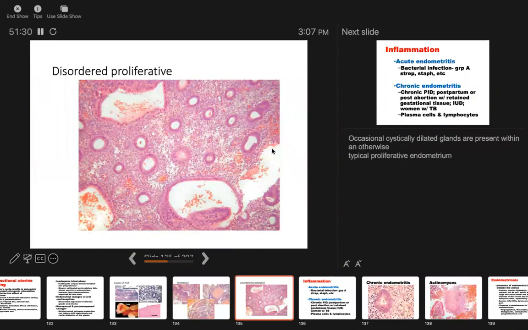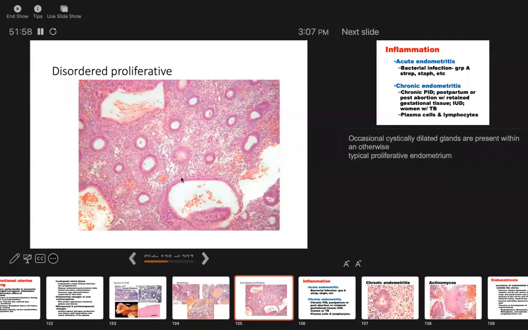Another one is the so-called disordered proliferative endometrium. I have already explained a while ago that proliferative endometrium is classically tubular glands. When you see the term disordered, that should remind you that what you will appreciate are cystically dilated structures as well. It may then be reminiscent of what we took up in the lab, which is simple hyperplasia, but do not mistake that for that.